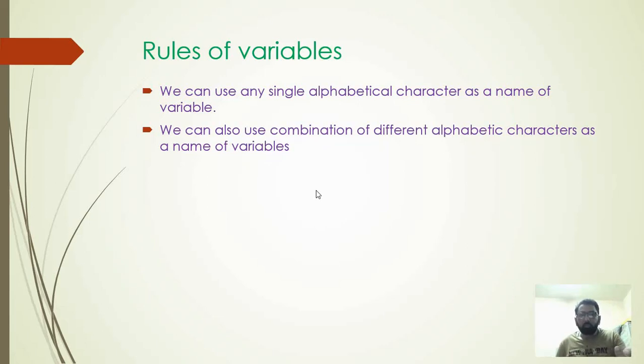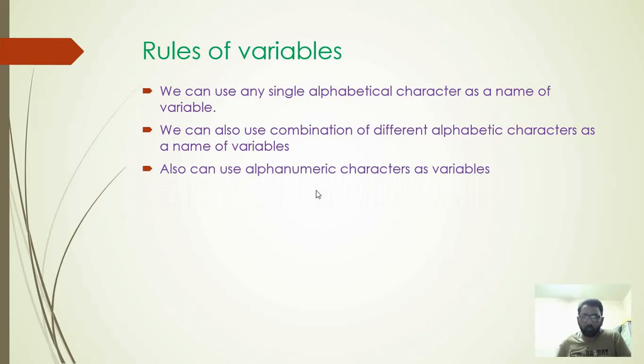This is simple. If I write sum = a + b, in the second line, we can also use a combination, a combination of three characters, sum. But in the first variable, a = 5, a is a single character, so we can define a variable like this. The third option is that we can also use alphanumeric characters as variables.